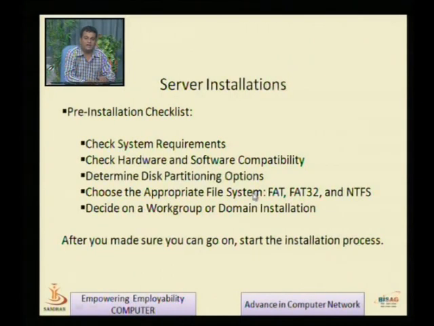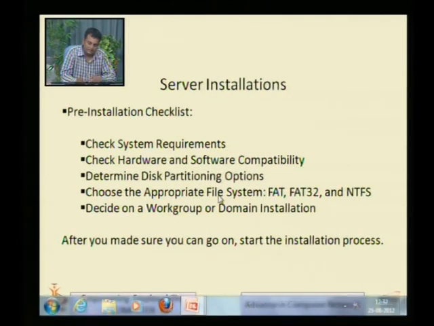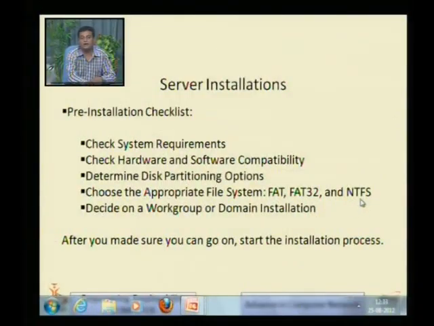Another thing: once we make partitions of our hard disk, what kind of partition do we want to create? For a server we require a C drive, and that C drive must be an NTFS partition, because Server 2003 is supported by NTFS. NTFS is the New Technology File System. Another, older one is FAT. You can see in our presentation FAT32 and NTFS.